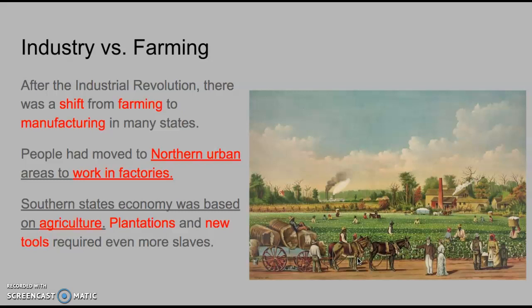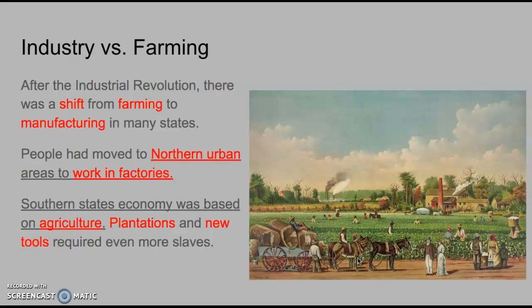And so that shift into manufacturing our own products is quite beneficial to our country, and especially to the northern part of our country. So people had moved to the northern urban or city areas to work in factories. Factories provide better, more reliable jobs that are not dependent upon whether or not the weather is going to be good that day or that week, or during a certain period of time of the year, like winter.